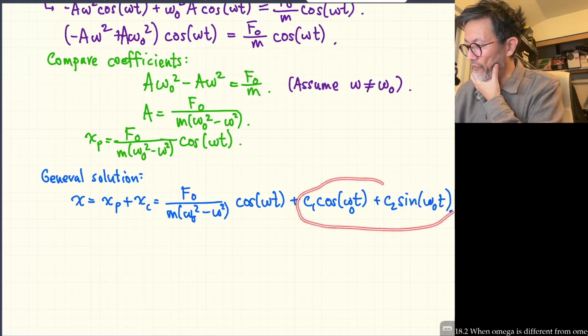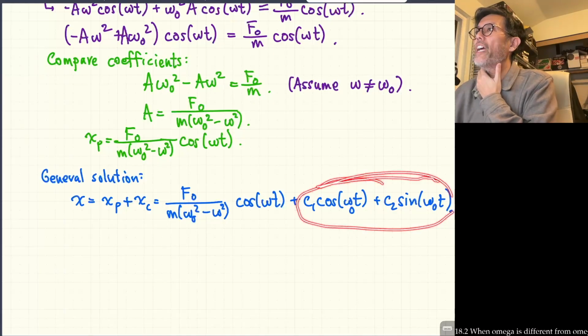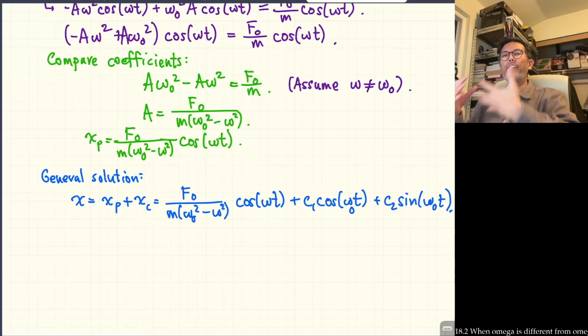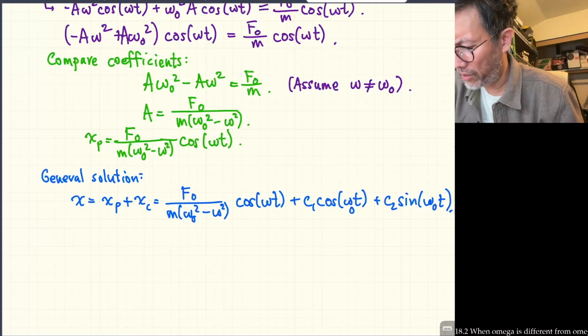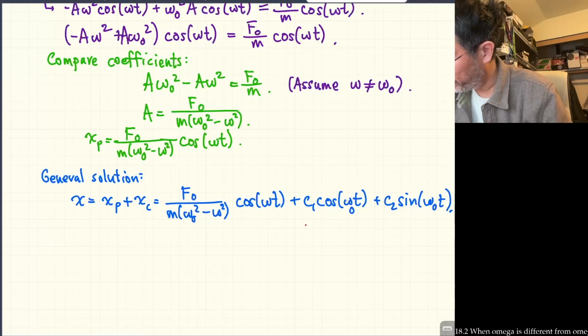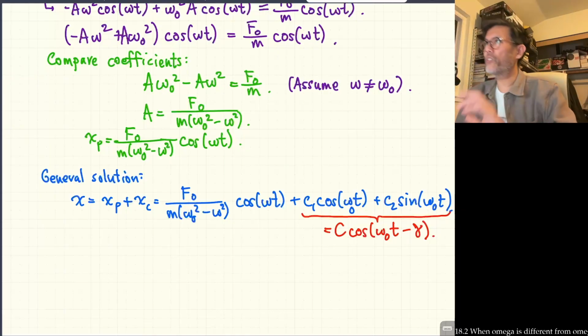Now, don't forget, we talked about how you can take this expression and rewrite it using the so-called phase-amplitude representation. We could rewrite this part right here as c times cosine omega naught t minus gamma, where gamma was the phase shift.